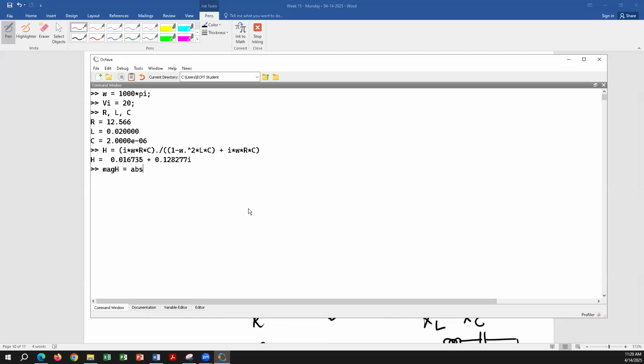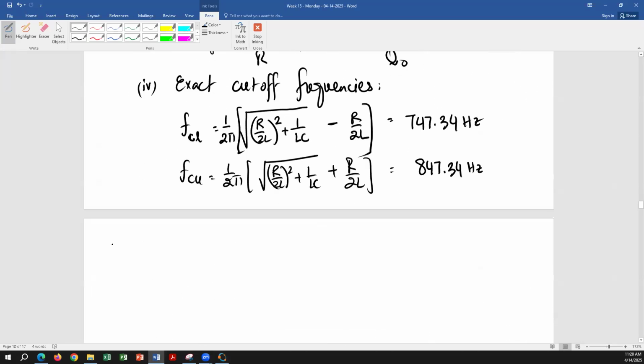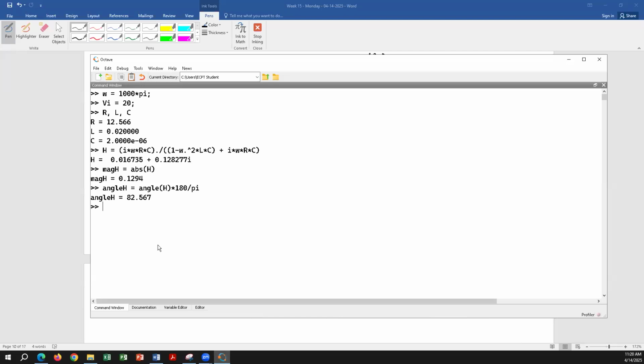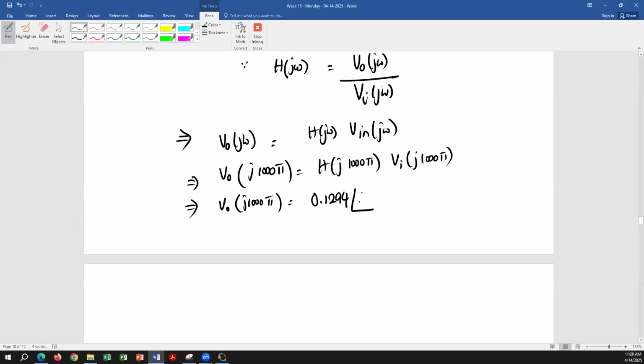Or we can just calculate that magnitude. Magnitude of H is equal to absolute value of H, and angle of H equals angle of H times 180 by pi. So H is 0.1294 angle 82.567, times 20 angle 0.